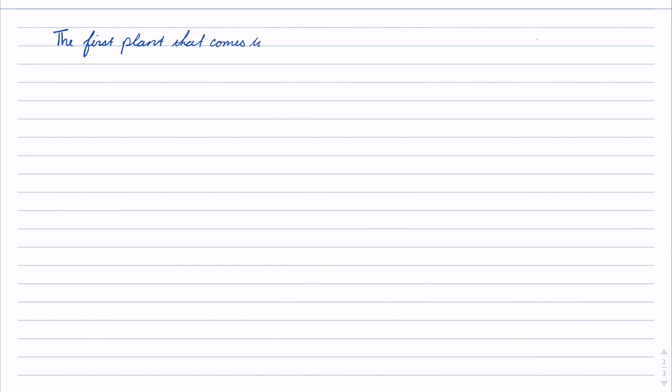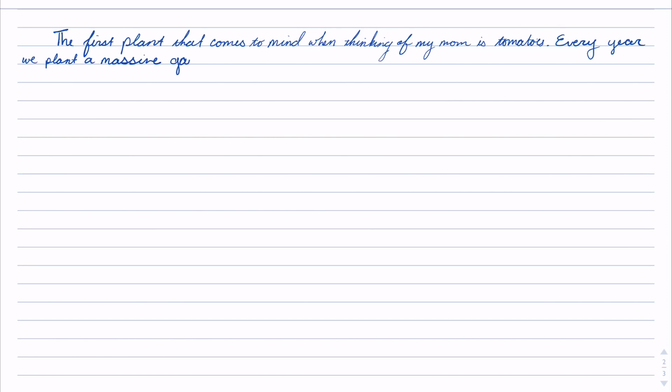The first plant that comes to my mind when thinking of my mom is actually tomatoes. Every year we plant a massive garden with most space being used for tomato plants.